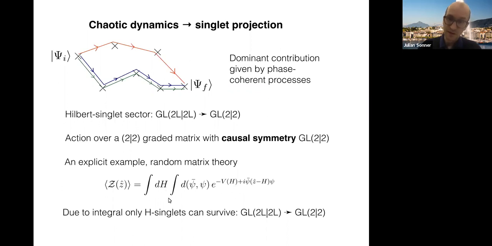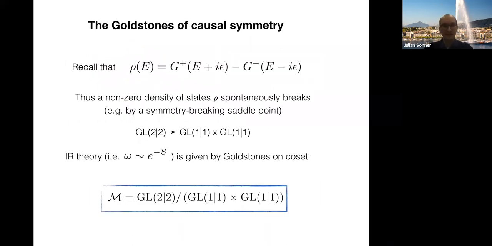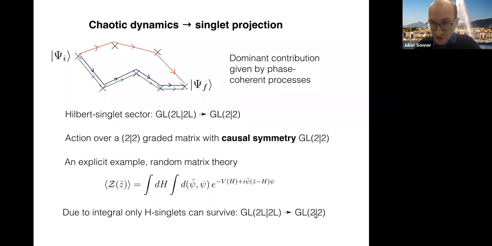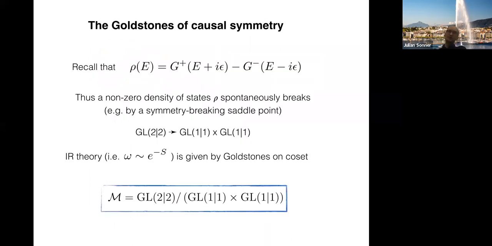And so now you have a theory which is actually invariant under these singlets, GL2/2. And GL2/2 is the causal symmetry group. Now what is important is that we knew that the non-zero rho actually breaks any symmetry that there could be between advanced and retarded degrees of freedom.